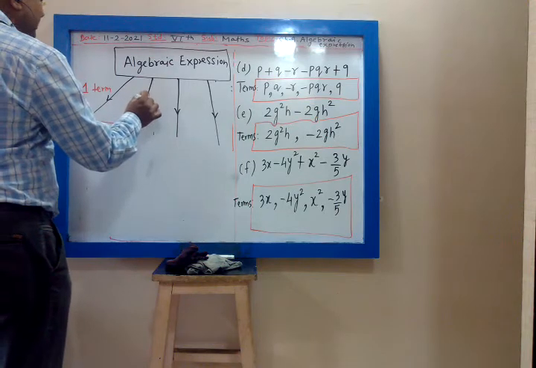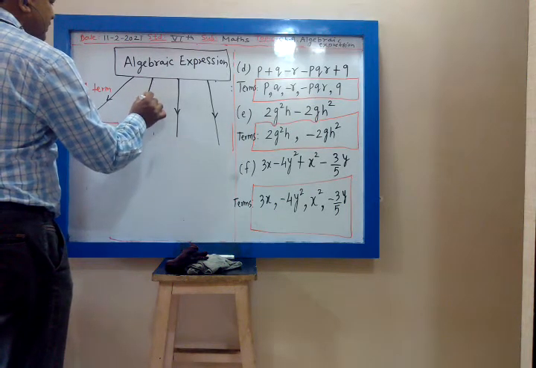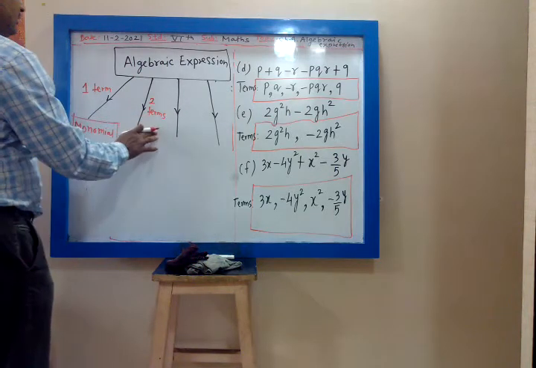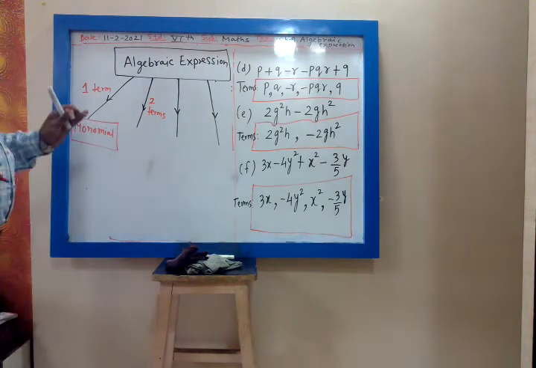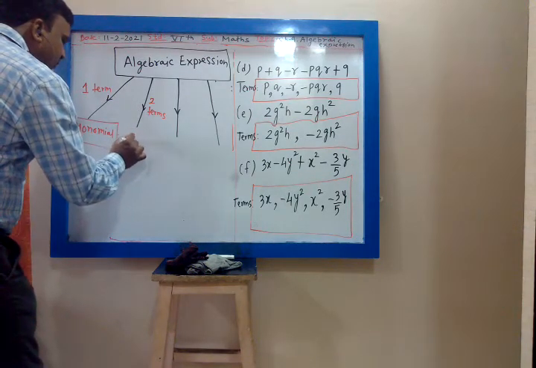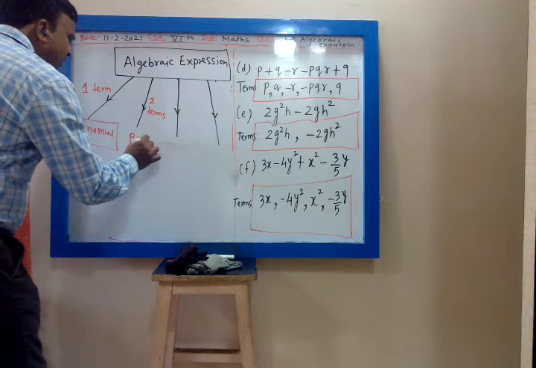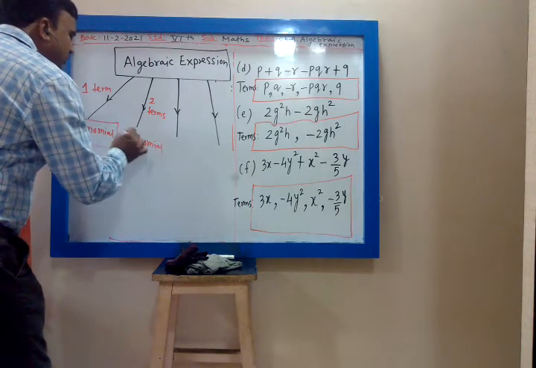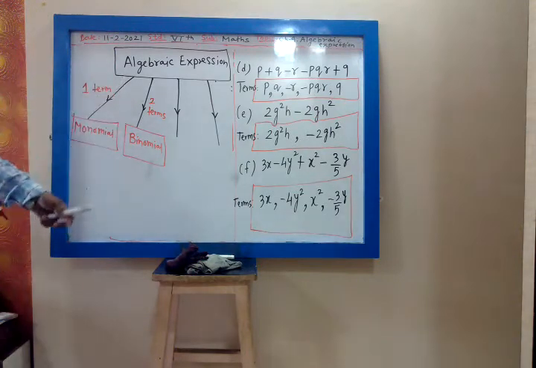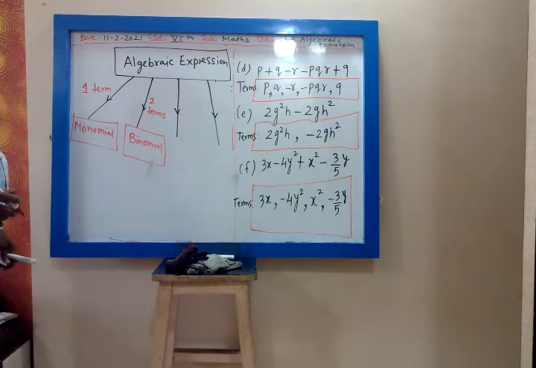Write everything. Then two terms, it will be binomial. Monomial means one term, two terms means binomial.